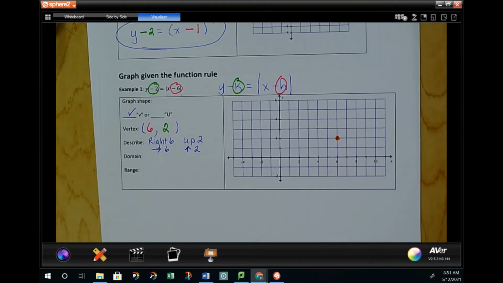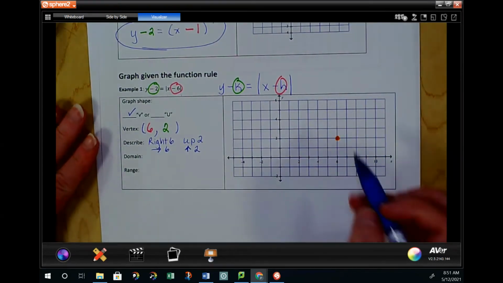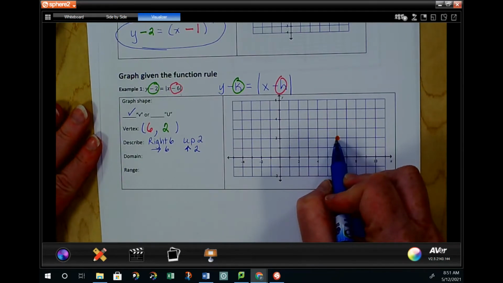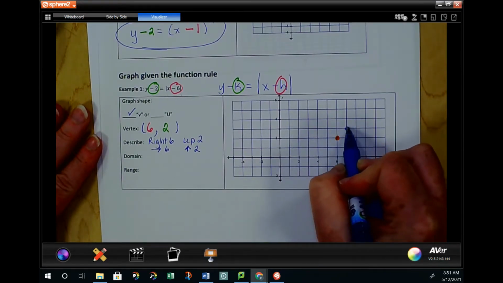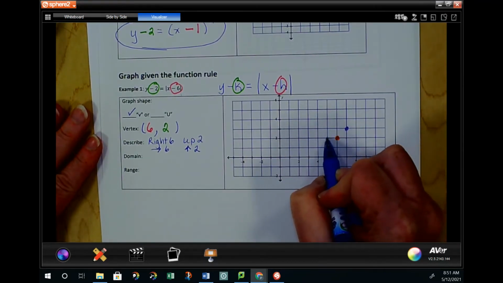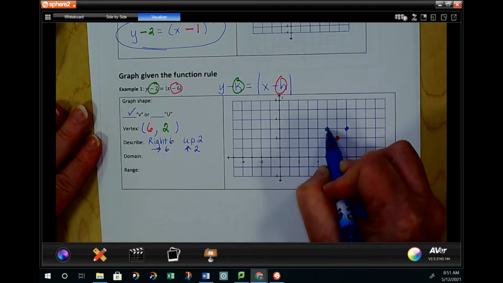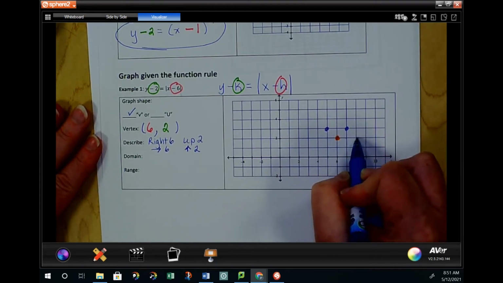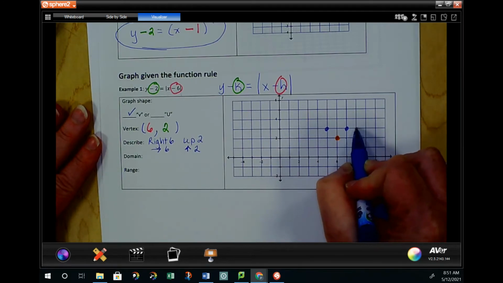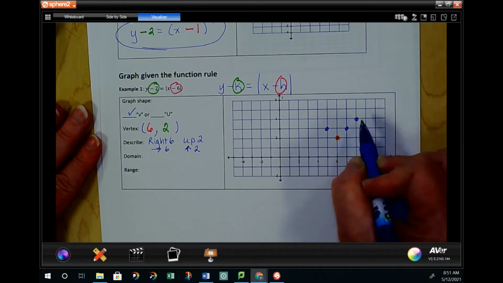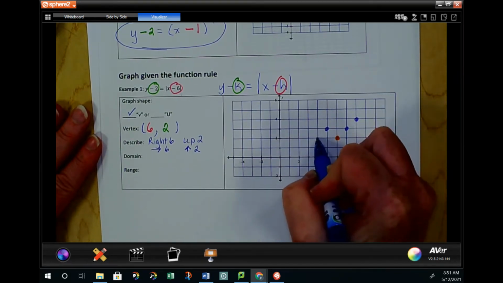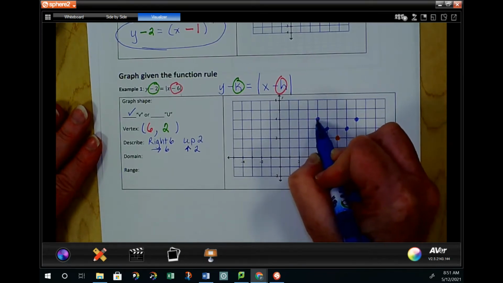And because this is a V graph, from my vertex, I go right 1, up 1. I'm going to go left 1, up 1. And it's the letter V. Then I'm going to go over 2 and up 2, over 2 to the left and up 2.